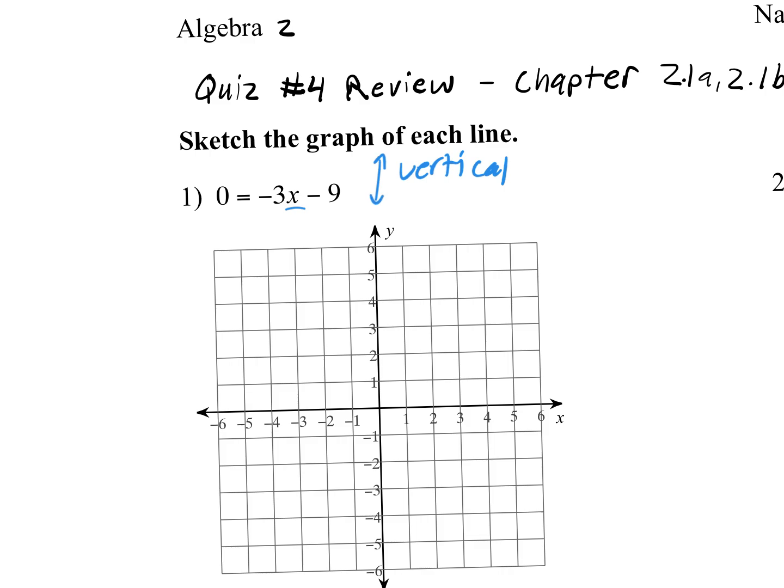And now to find where this line is going to be, just solve for x. So I'm going to go ahead and add 9 on both sides. And we get 9 equals negative 3x, and then divide both sides by negative 3. So we get x equals negative 3. And now I'm going to find on the x-axis where x is negative 3, and it's going to be right here. So we have this point right here.